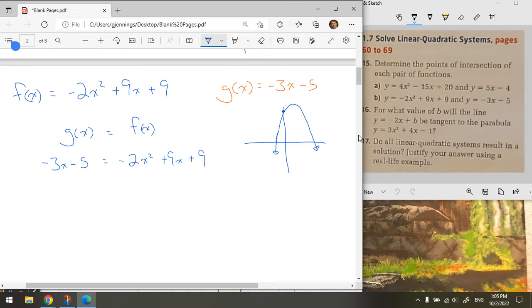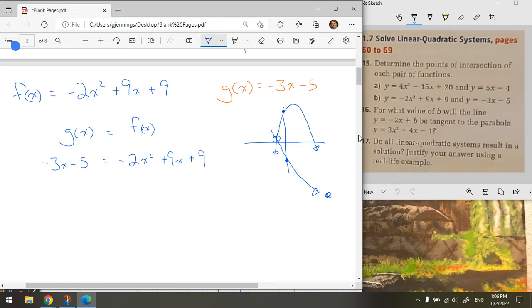And then the minus 3x minus 5, well, that's crossing down here, and it's got a slope of minus 3, so it's something like that. All right. So it's going to have one intersection way out there and one intersection back here somewhere. Okay, so I'm predicting two intersections. It's pretty clear this is going to definitely have two intersections because we got a point that's inside the parabola, so it's going to hit twice.